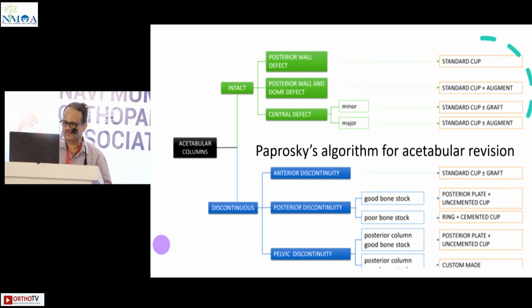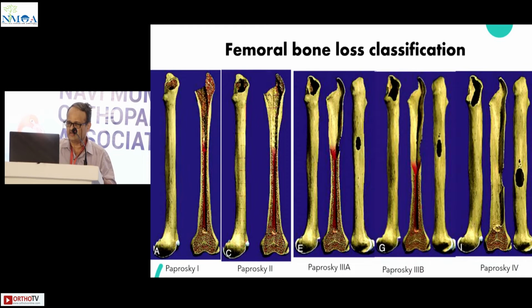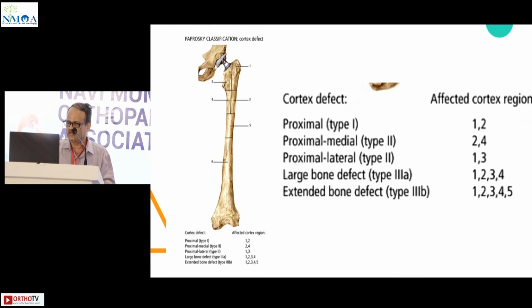So this is Paprosky's famous algorithm. We have bone losses, and various types of classification, from 3A, 3B, acute discontinuity, chronic discontinuity, and the possibility of what we can use in this sort of scenario. The same thing exists on the femoral side, where you have a classification and an algorithm based on what stem can be used.